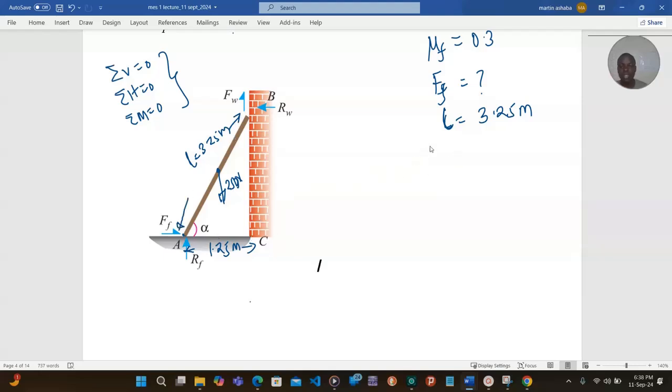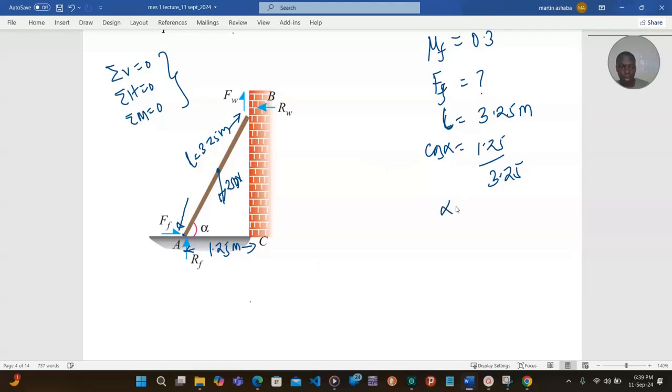So what is cos alpha? Cos alpha is 1.25 divided by 3.25.